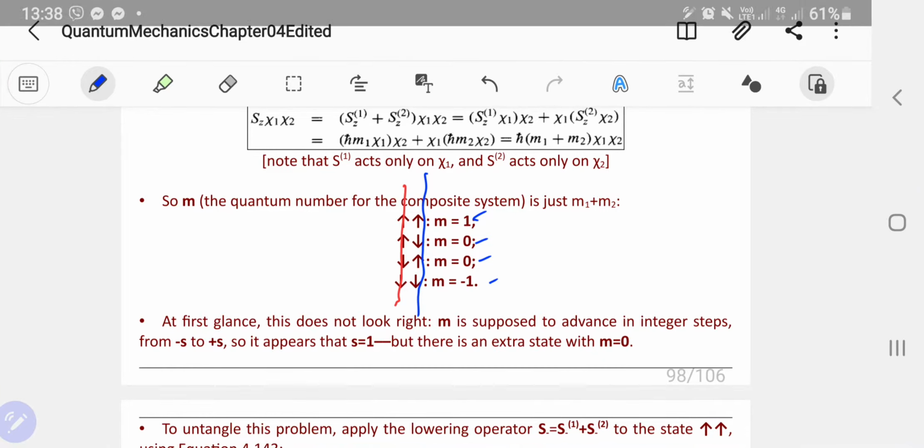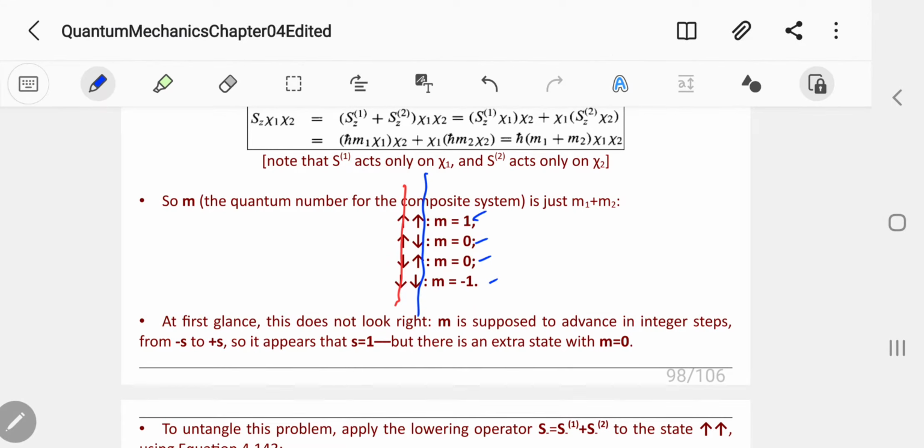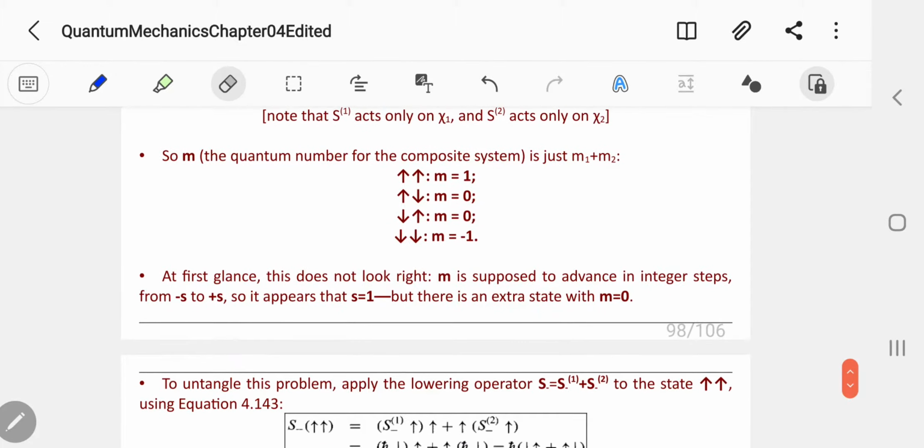Now here, look, there should only be 3 states, because you have 1, 0, supposed only to have this one, but this one has 2. There should only be one scenario in which the proton and electron would have spin 0. And how do we get that?